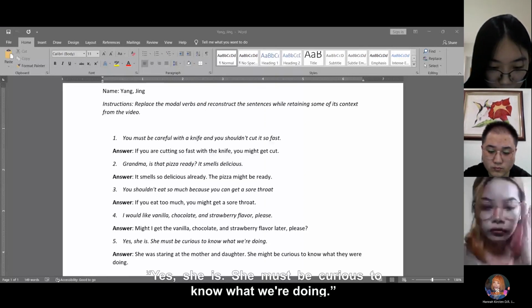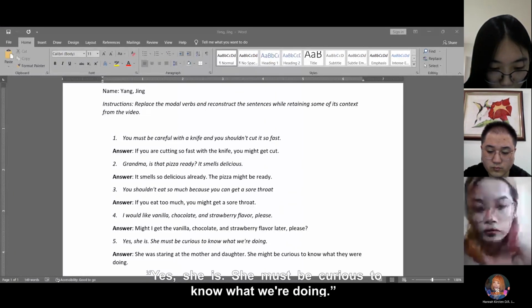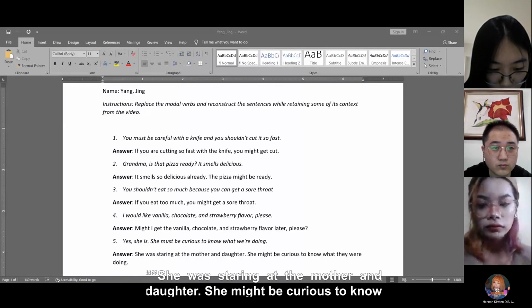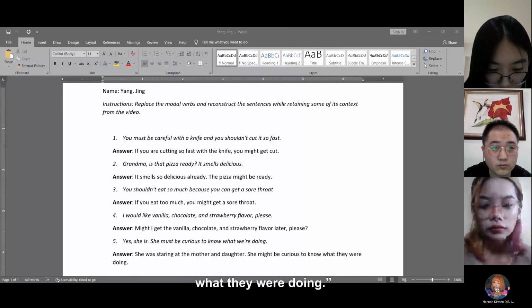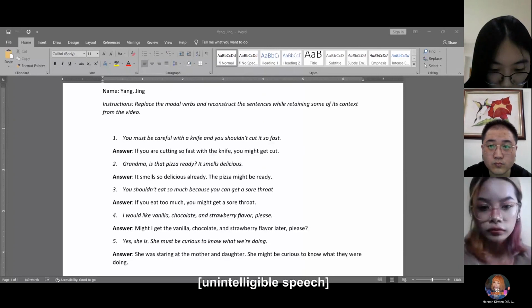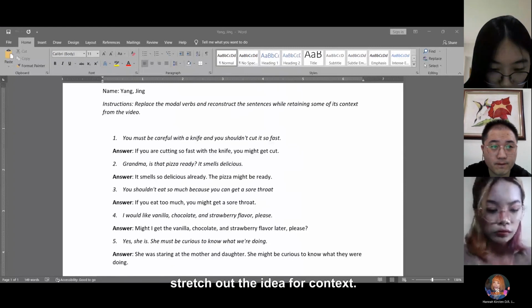Yes, she must be curious to know what they're doing. She was staring at the mother and the daughter. She might be curious to know what they were doing. I changed the first sentence the most so I could sketch out the idea for context.